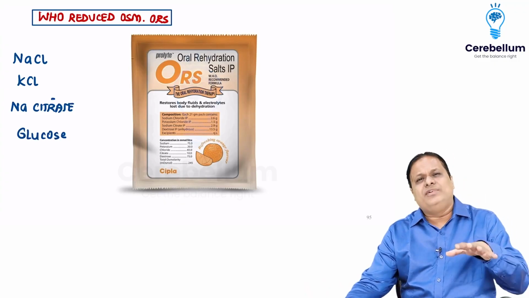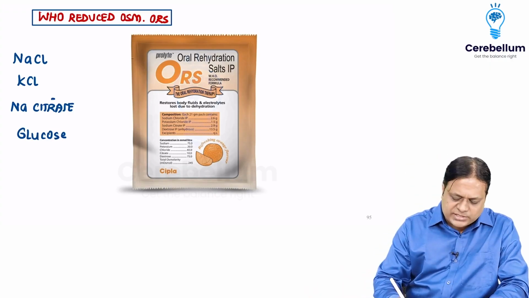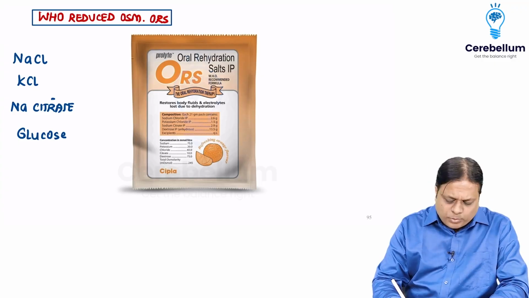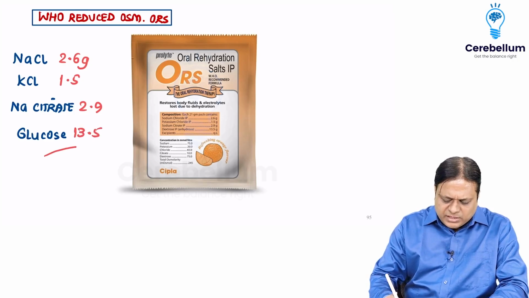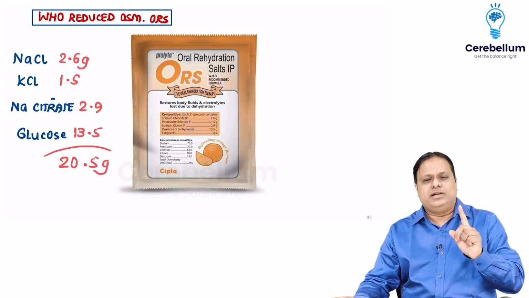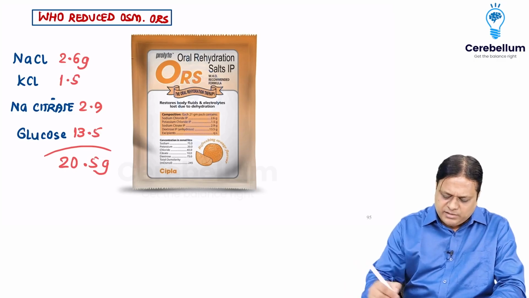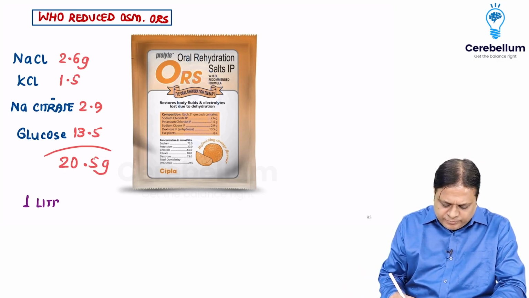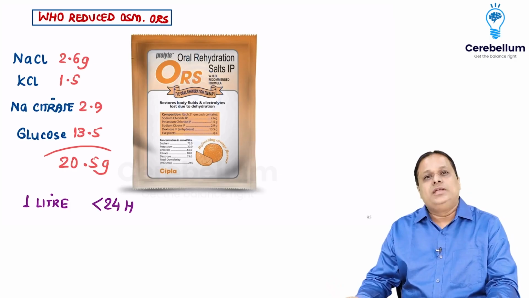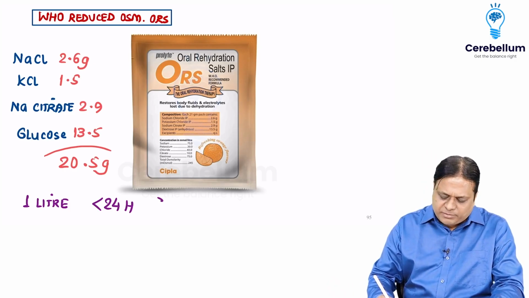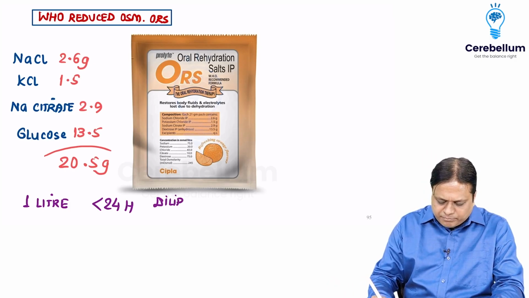When we look at their weight-wise composition in a single packet of ORS, sodium chloride is 2.6 grams, potassium chloride 1.5, sodium citrate 2.9, glucose 13.5, giving a total of 20.5 grams per ORS packet. It should be dissolved in 1 liter of water and consumed within 24 hours. ORS was originally developed by Dilip Mahalanobis.